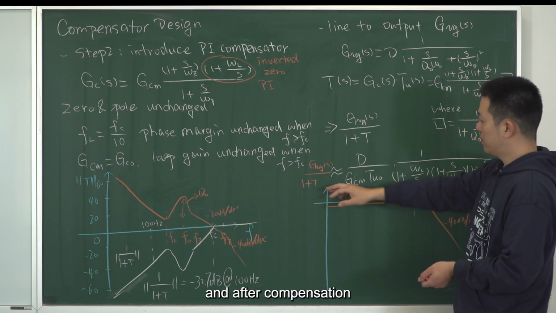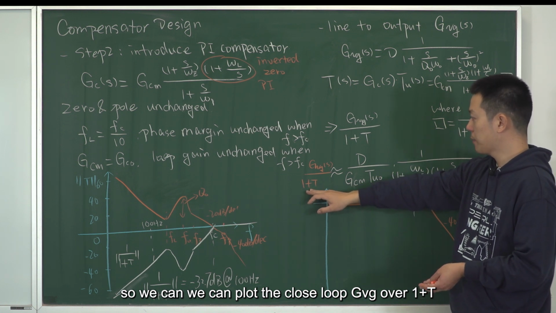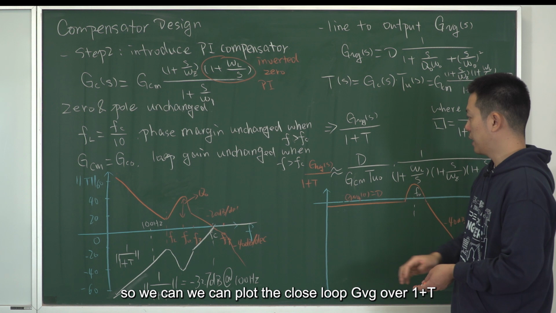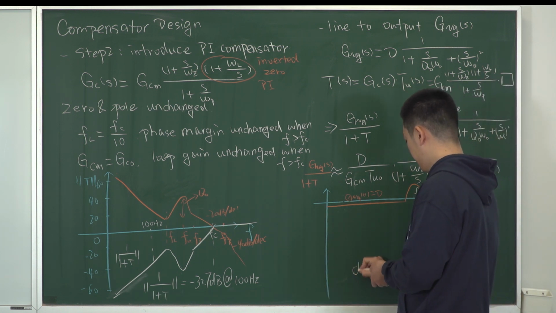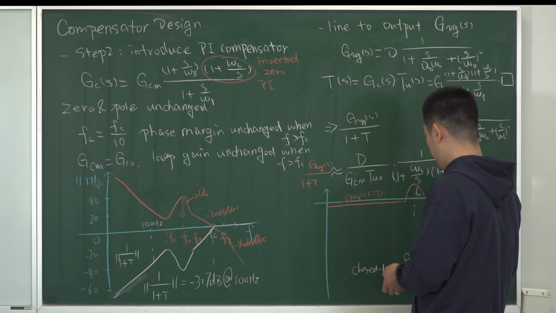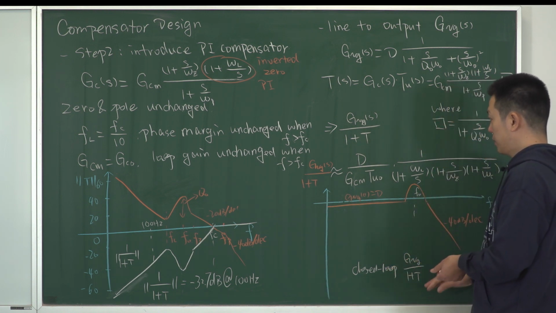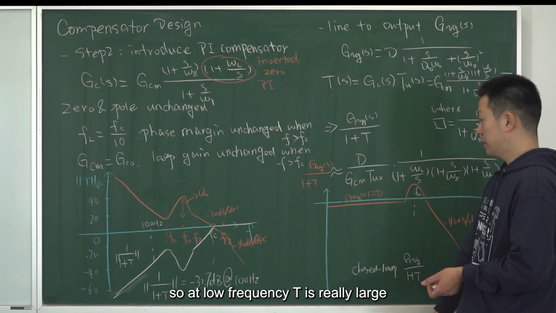And after compensation, we can plot the closed loop Gvg over 1 plus T. So at low frequency, T is really large, right?